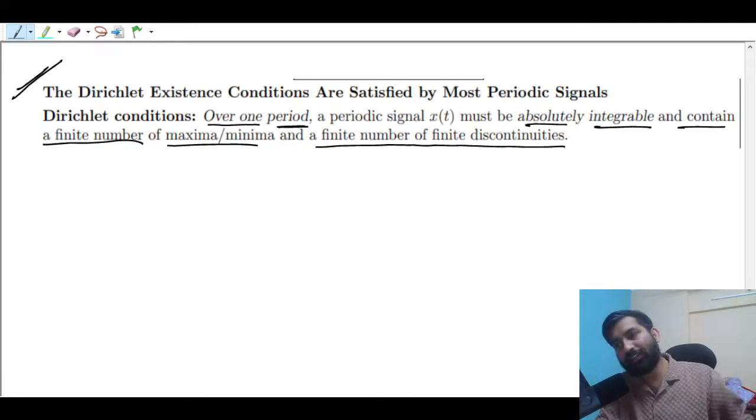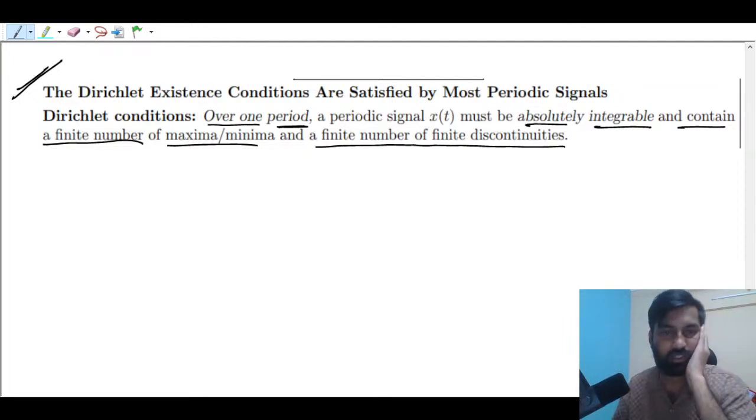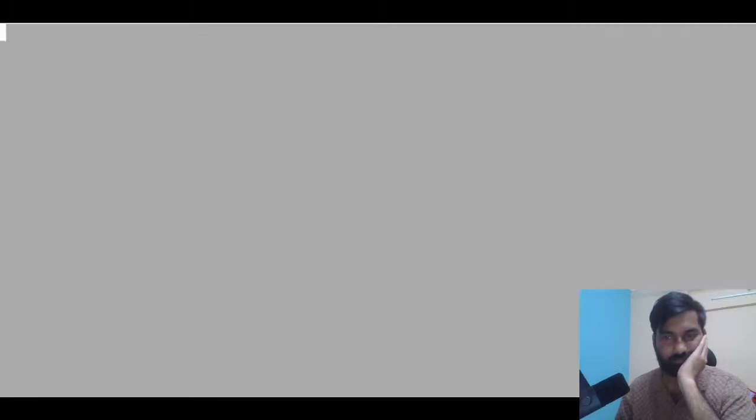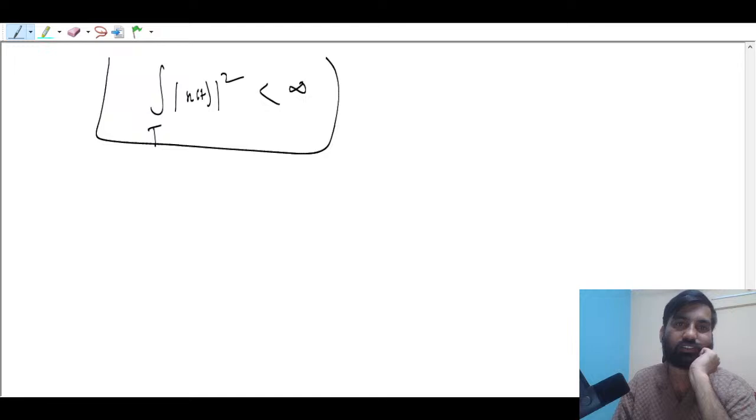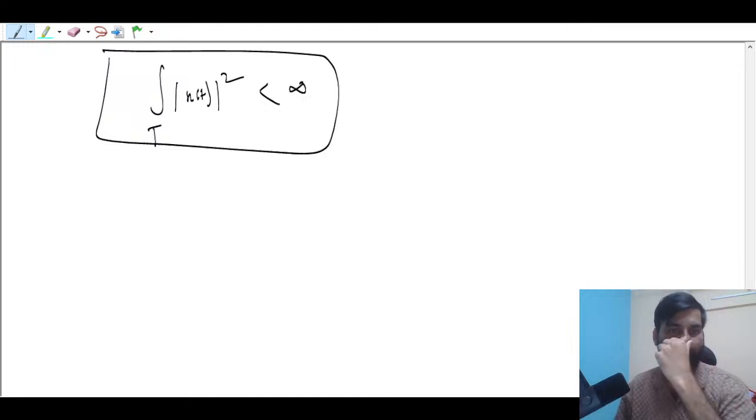And if n, the number of harmonics, increases to infinity, suppose over the period x(t) squared is less than infinity, this is the first condition.